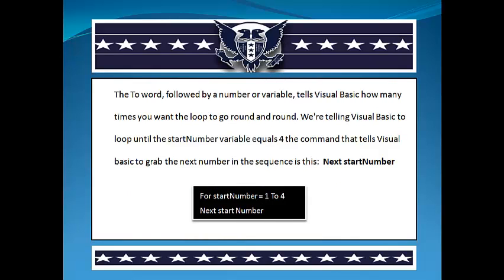The two words followed by a number or a variable tell Visual Basic how many times you want the loop to go around and around. We are telling Visual Basic to loop until the start number variable equals 4. The command that tells Visual Basic to grab the next number in the sequence is this: Next start number.